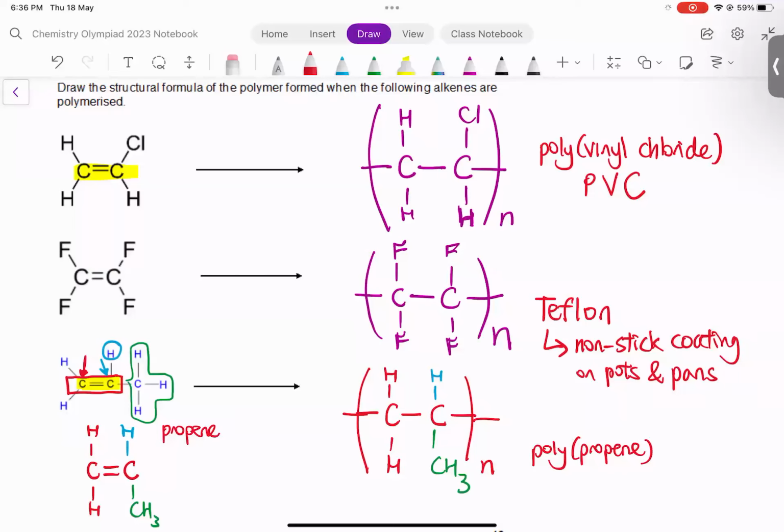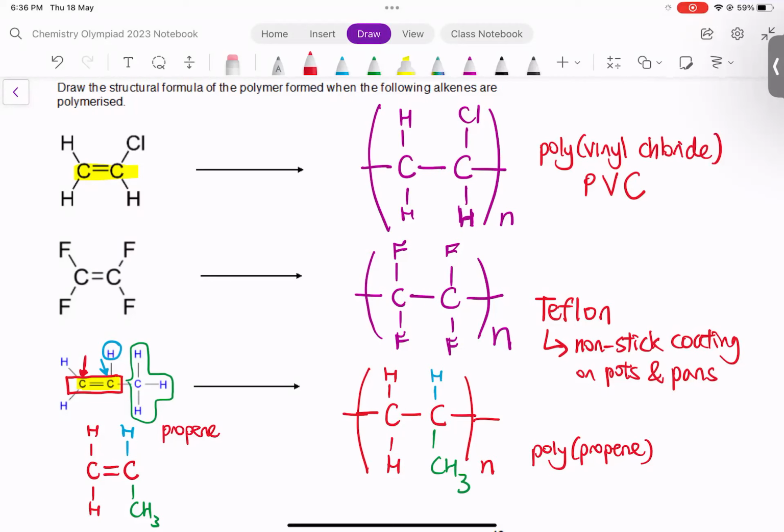So this is a little introduction into an addition reaction where alkene molecules can add to each other. The double bond breaks, open left, open right, so it extends to form a very long polymer molecule. And this is what is commonly used to make what we call plastics around us.